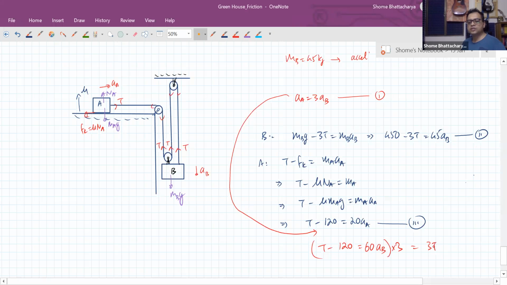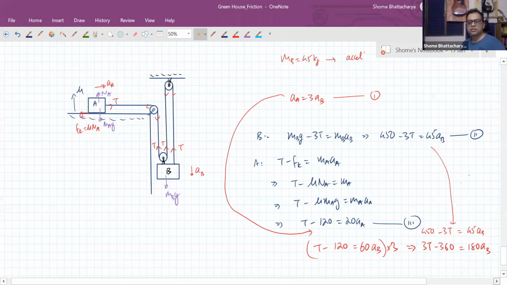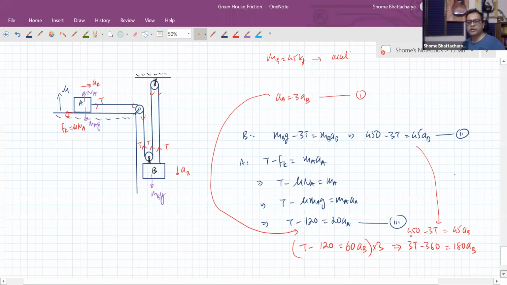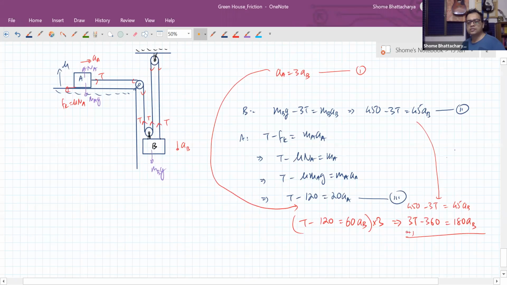So this becomes 3T minus 360 is 180 times acceleration of B. Now compare with this equation: 450 minus 3T is equal to 45 times acceleration of B. Now you can add these two equations. That will give you the required acceleration.